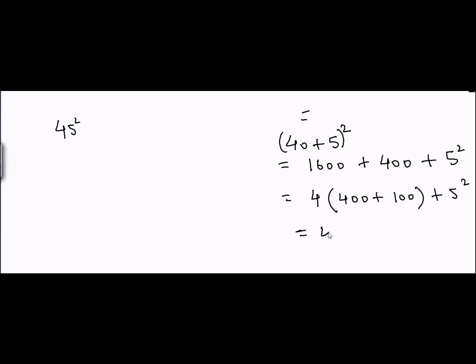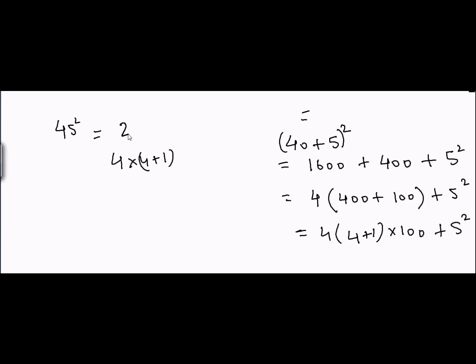So again, if you have to square 45, all I will do is 4 into 4 plus 1, that is 4 into 5, which is 20, and then 25, so that is the answer.